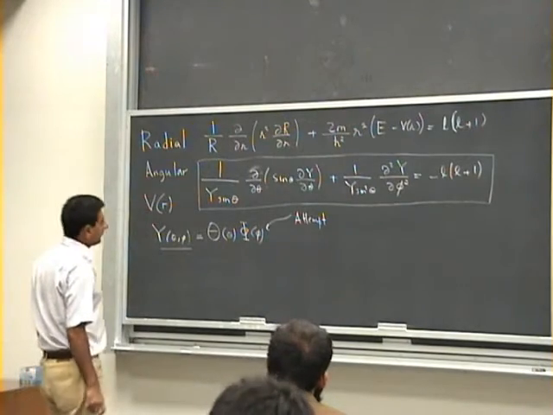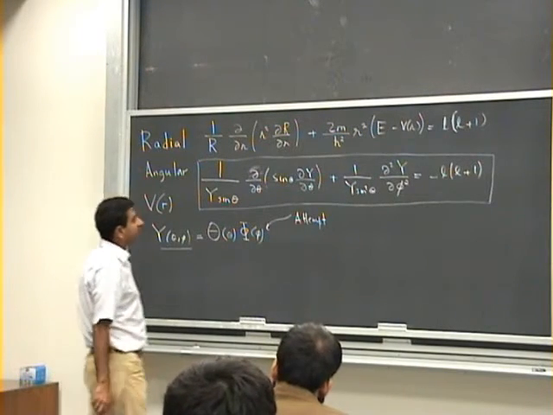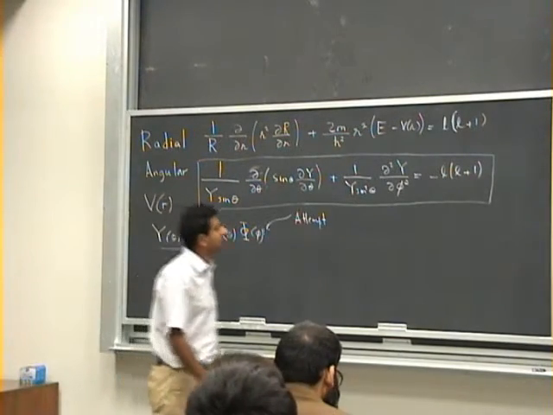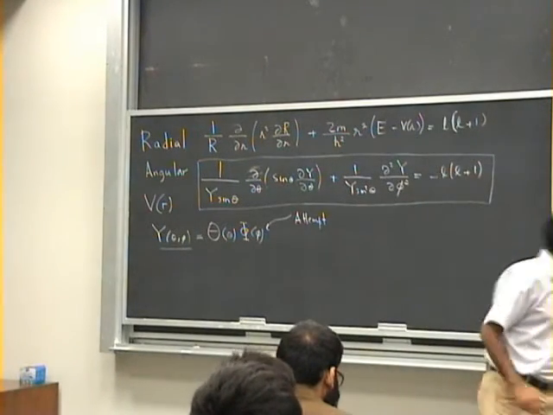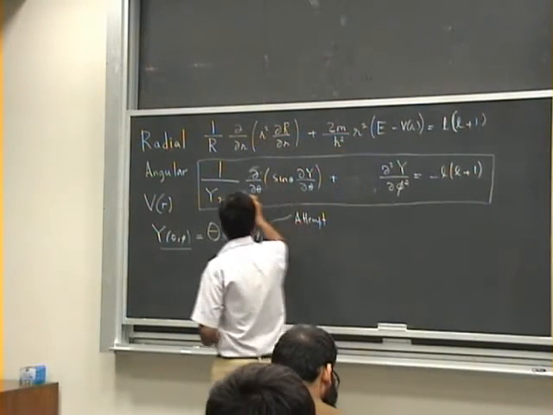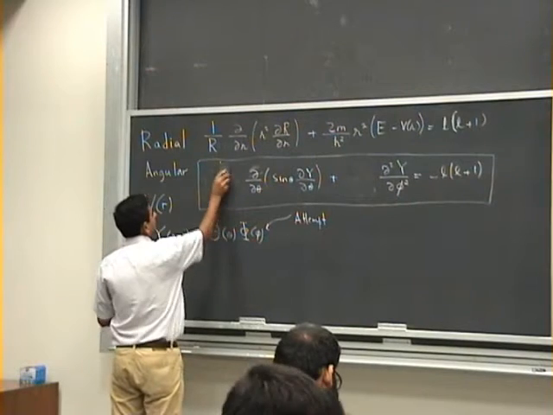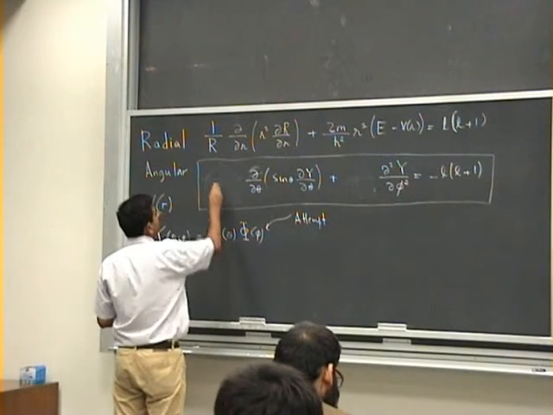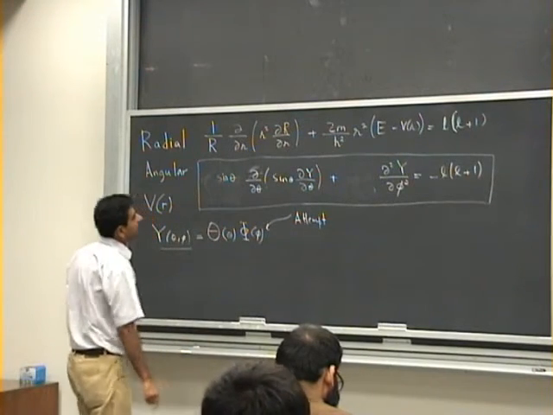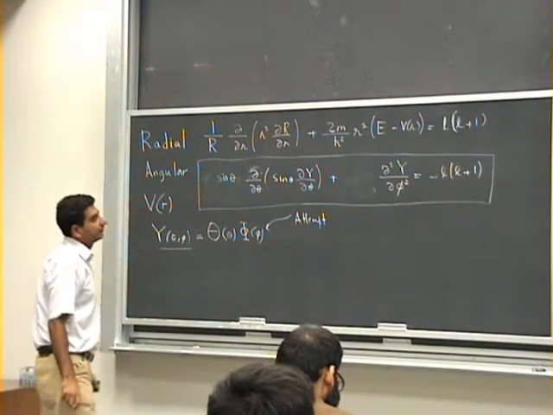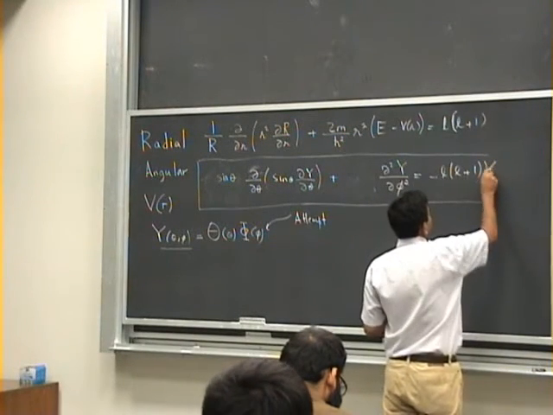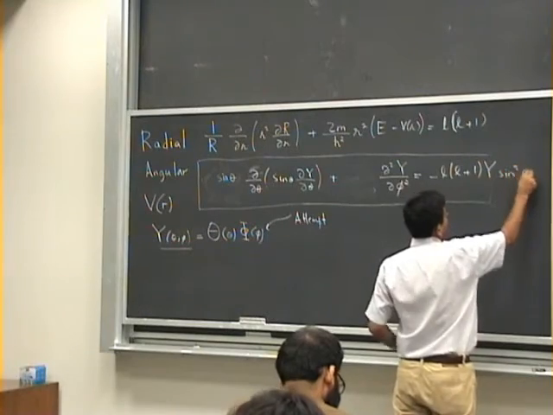I would like to multiply both sides by Y sin squared theta. So if I do the multiplication, this goes away, a sin theta comes here, and a Y sin squared theta appears here.